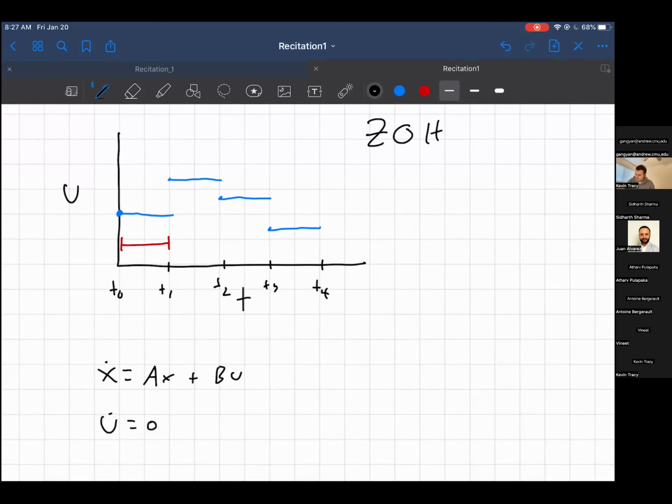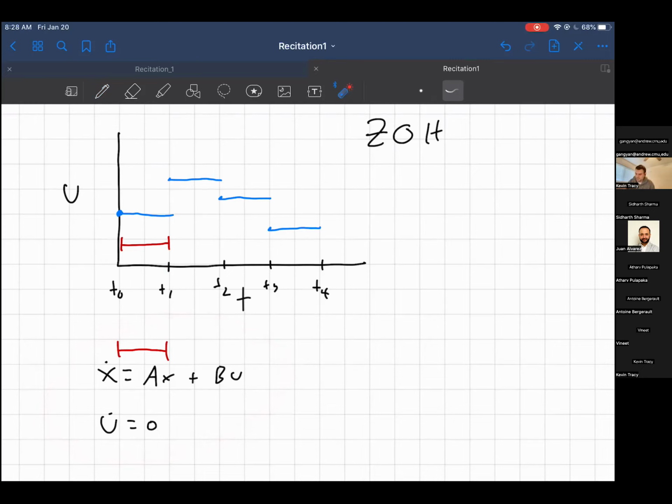And all I'm talking about is just the time between T0 and right before T1, right before I change that control input. So what I've done here is I've written out a seemingly very simple set of ODEs: x dot equals Ax plus Bu, u dot equals 0, so u is not changing.